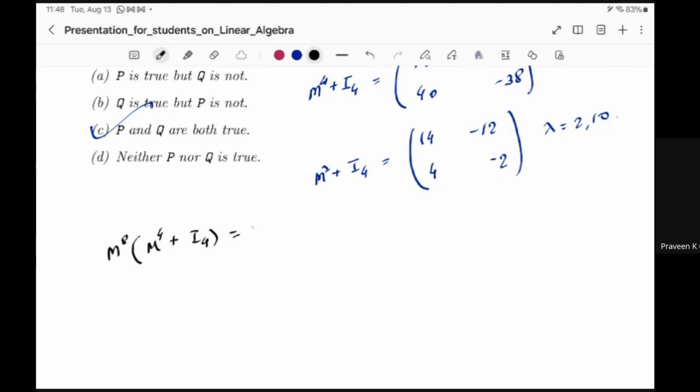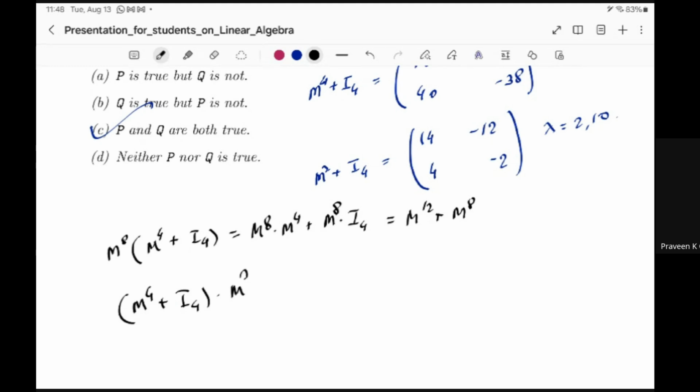If you write it this way, it's M to the 8 times M to the 4 plus M to the 8 times I4, which is just M to the 12 plus M to the 8. If you do it the other way, it's M to the 4 times M to the 8 plus I4 times M to the 8, which is also the same.